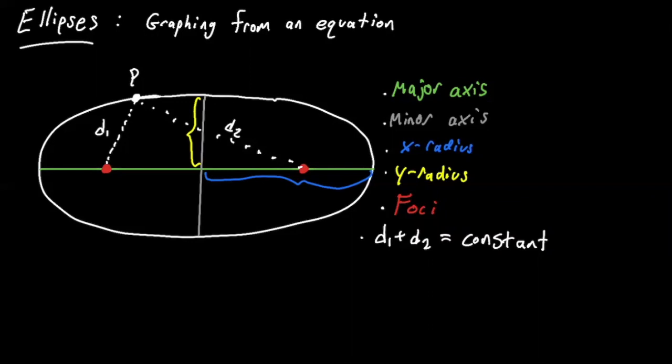Today we'll finish up with taking a look at this constant and then also finding how we can find where the foci are for an ellipse. So to start off, an interesting observation is d1 plus d2 is not only constant, but it's also equal to the length of the major axis.